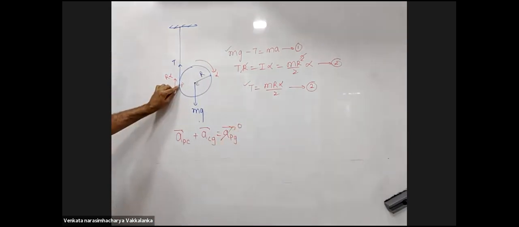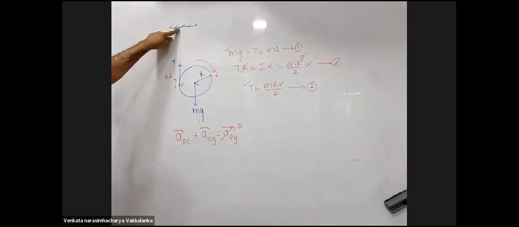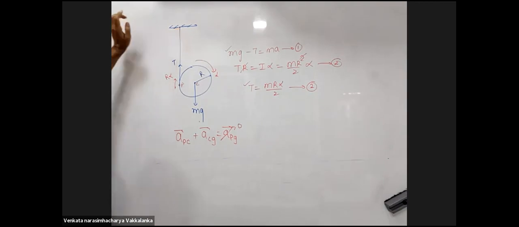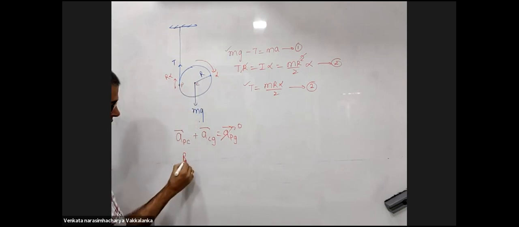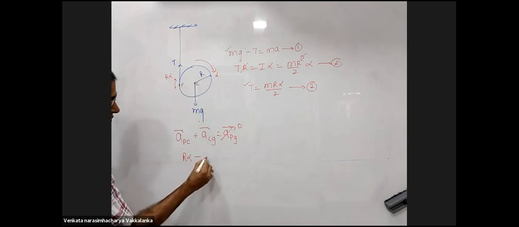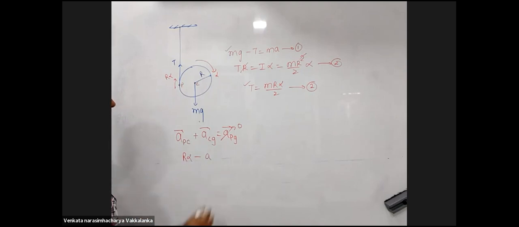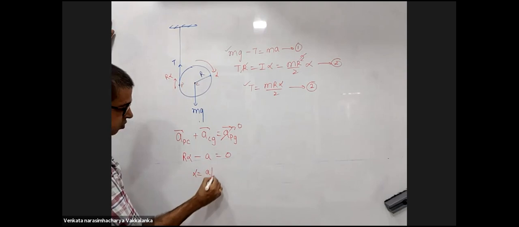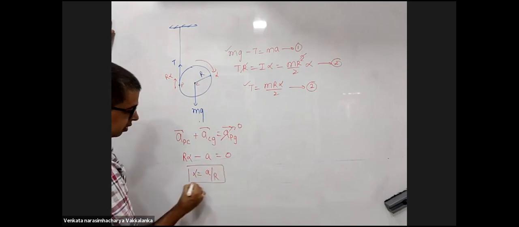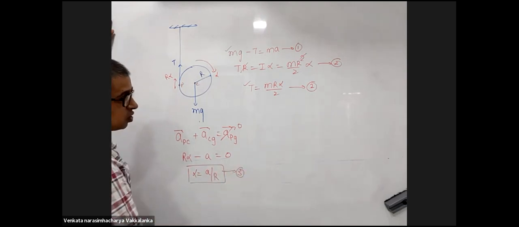This acceleration should be equal to this end acceleration. Both ends of the string should have the same acceleration. So R alpha minus A will be 0. Alpha is A by R. Third equation is the constraint relation.